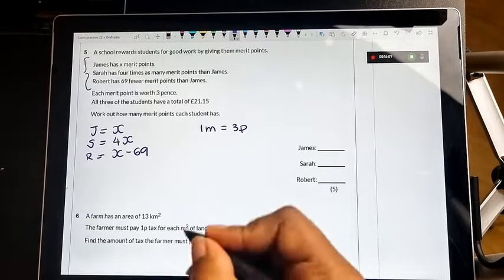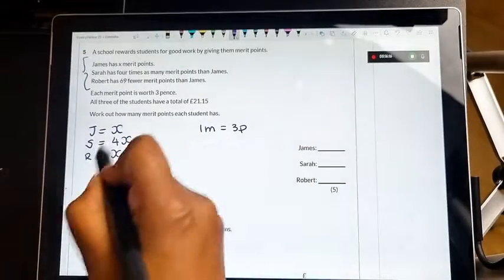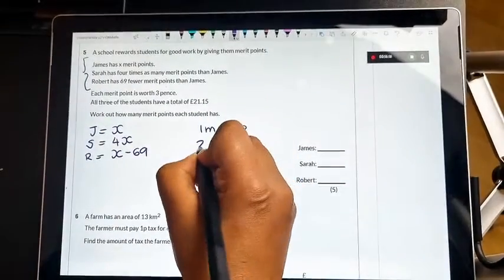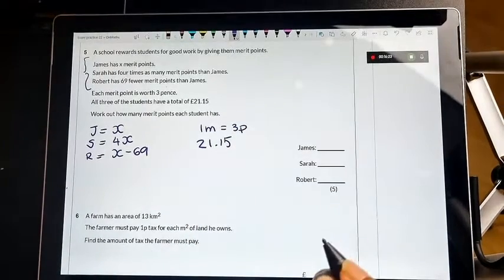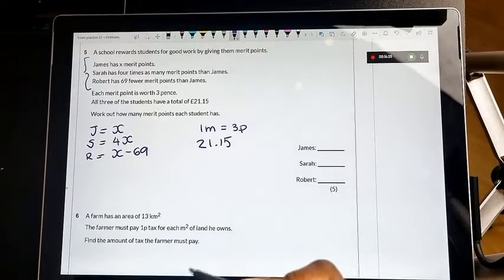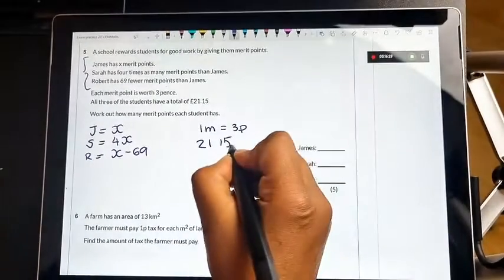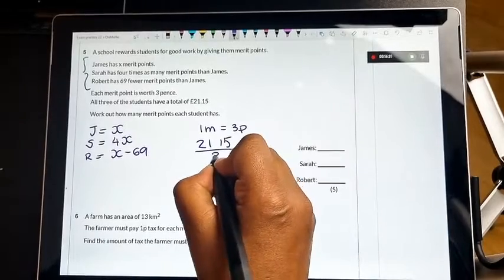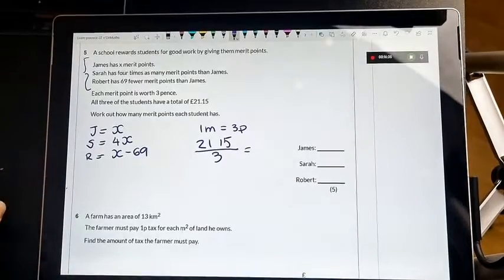We know each of those merit points is worth 3p, so we need to divide to find the actual total of all of those added together. £21 and 15 pence, we can actually have this in pence, so it's easier to calculate unit per unit. So divide that by 3p, and you find out how many merits there are altogether.